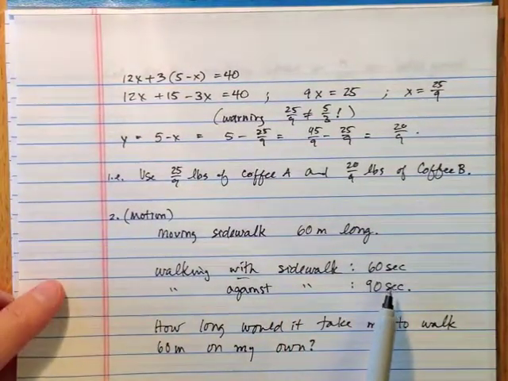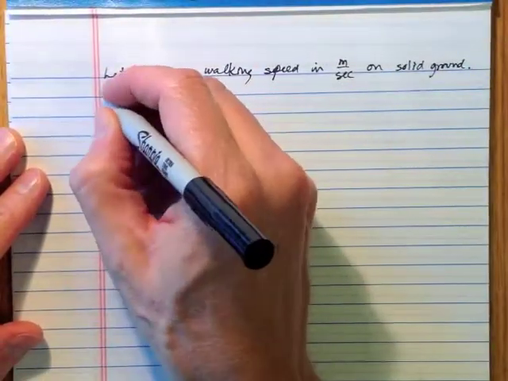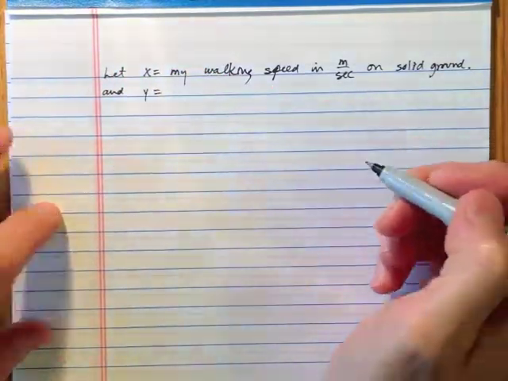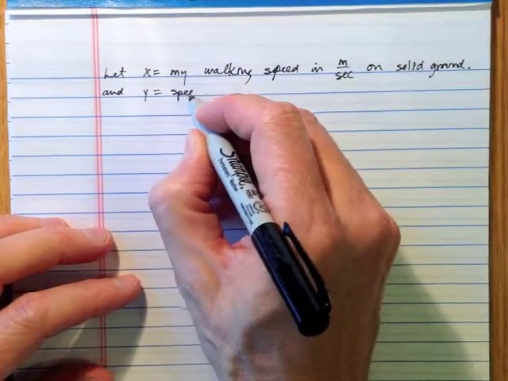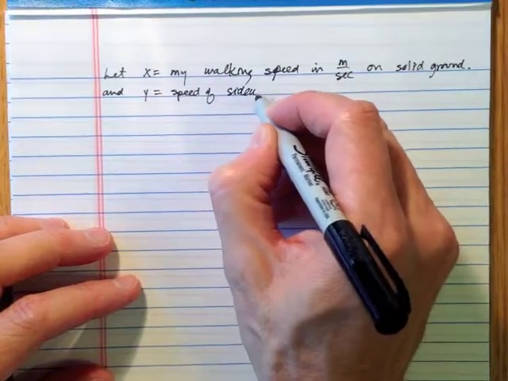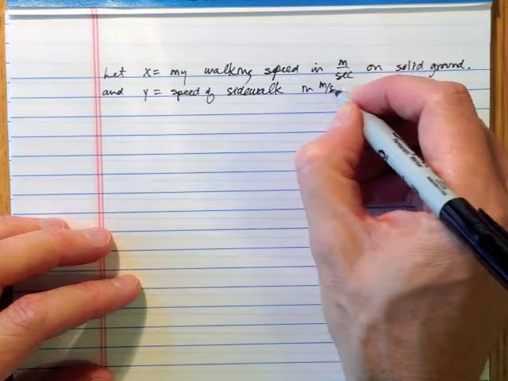It says if I'm walking with it or against it. So I think I have to have another variable. Let's let y be the speed of the sidewalk. Just to be clear, it's also in meters per second.